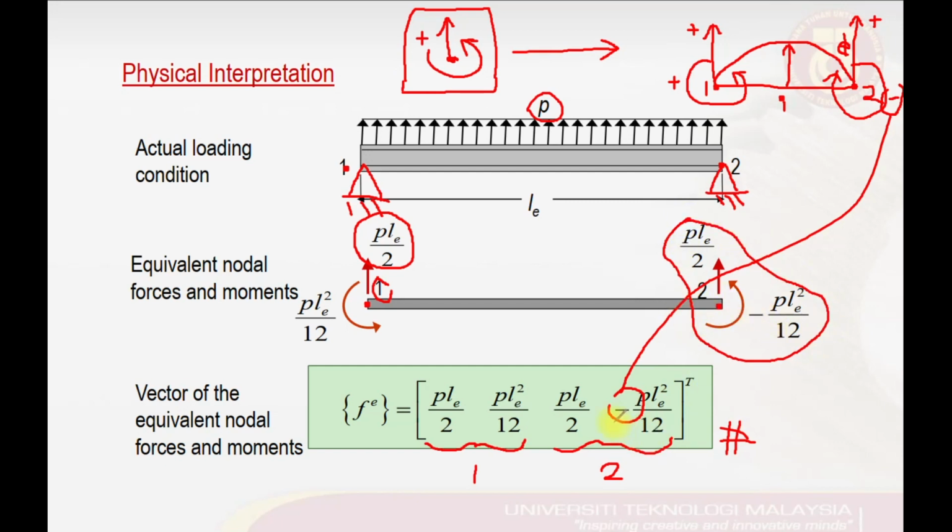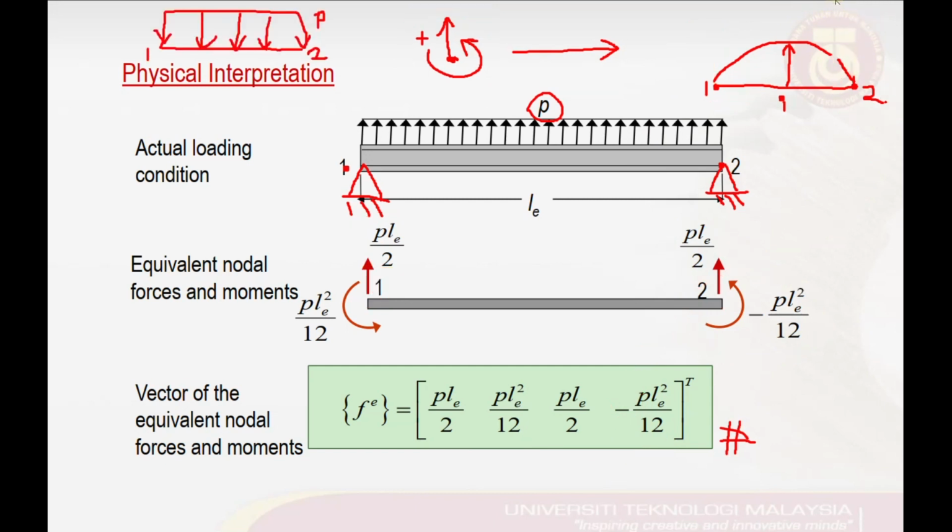So as I mentioned just now, negative here is actually to make the rotation that we have at node number 2 match our positive sign conventions. But what will happen if we have a distributed load that is pointing in the downward direction?